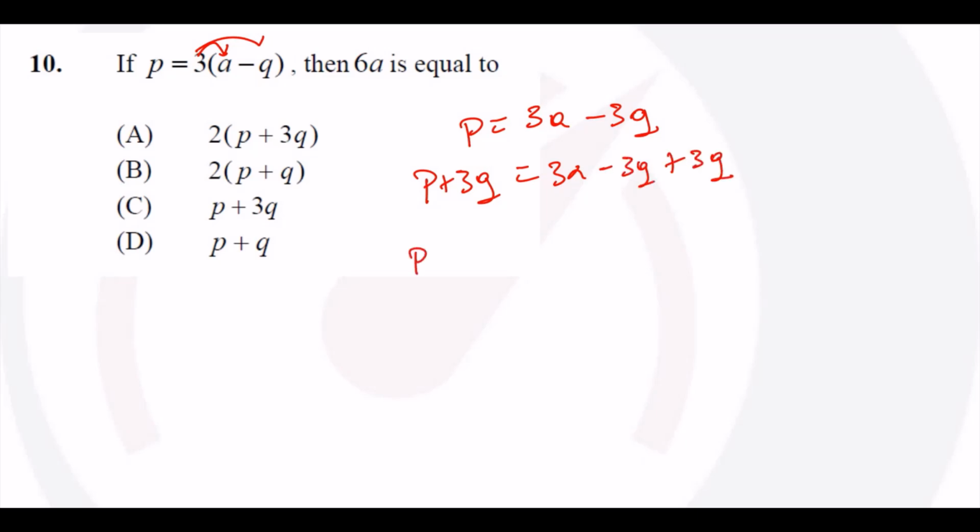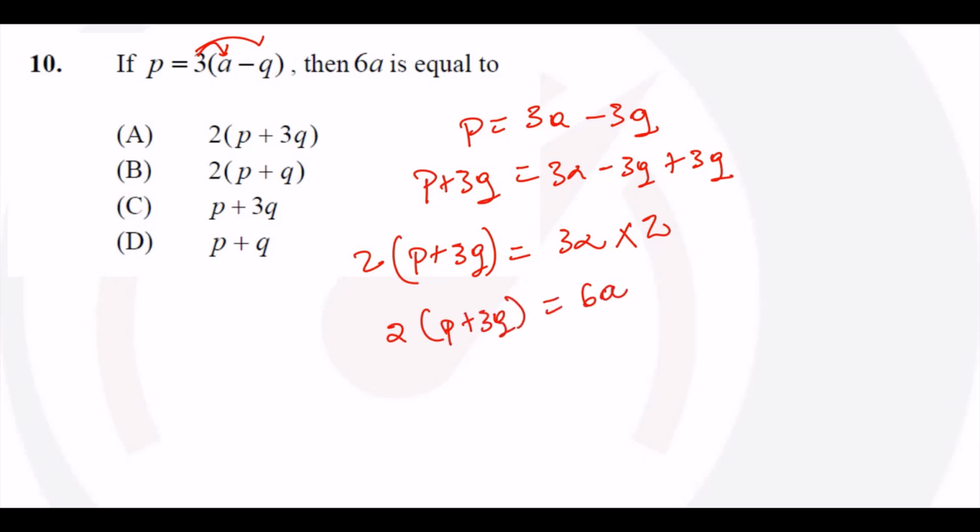So then we have P plus 3Q, which is equal to 3A. Now observe, the question asks us to find 6A. So if we multiply 3A by 2, we get 6A. Now if I multiply by 2 on this side, I have to multiply by 2 also on the other side. So now I have 2 open bracket P plus 3Q is equal to 6A. So our answer is going to be A.